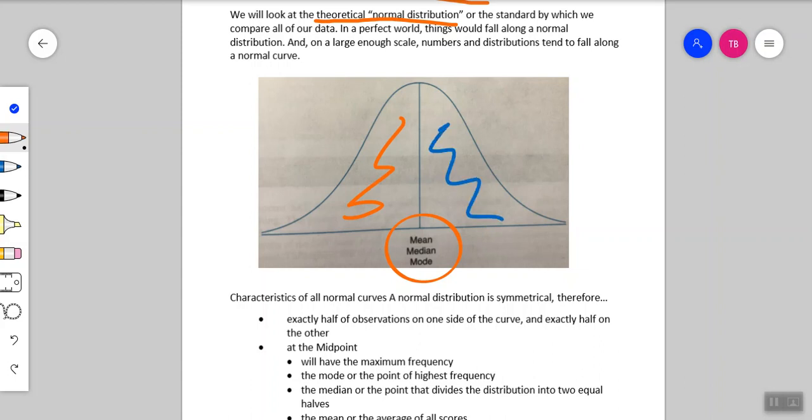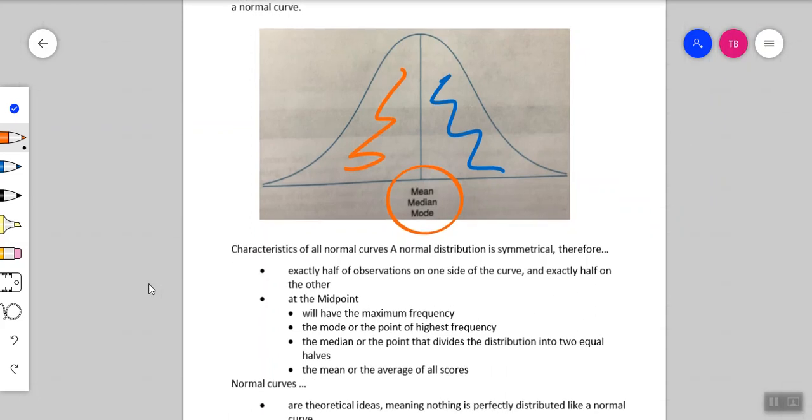Each one is 50%. So if we start making those assumptions, there's a few things that we know. So first thing we know, exactly half the observations on one side of the curve and exactly half on the other. So no matter what you're talking about, if you're talking about standardized test scores, 50% of the students scored on this side, 50% of the students on this side. Same thing with height and weight. Anything we're putting on this scale is going to look like that.